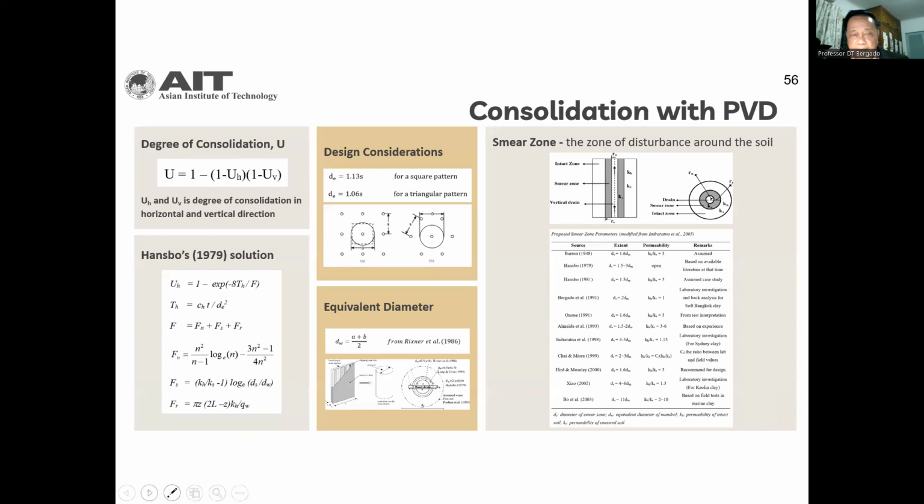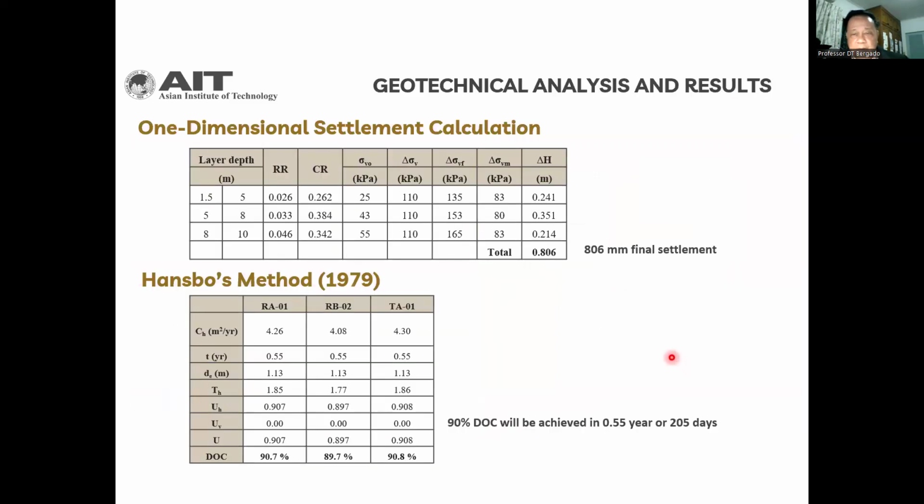So in that case, these are the data that we discussed earlier, smear zone and others. And the final settlement by one-dimensional consolidation was 0.8, similar to what was measured in the field.